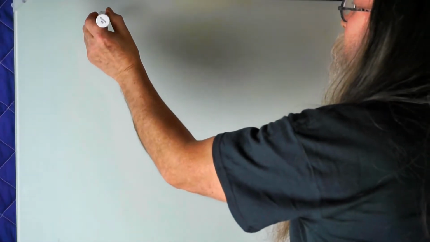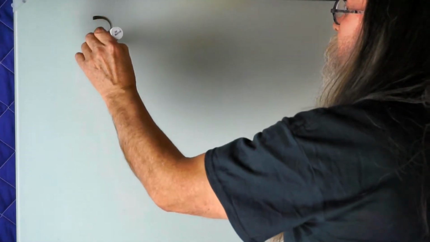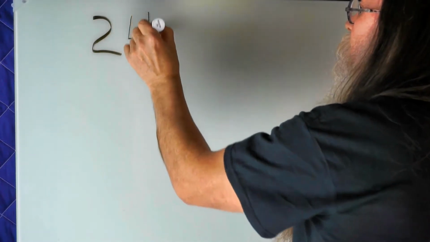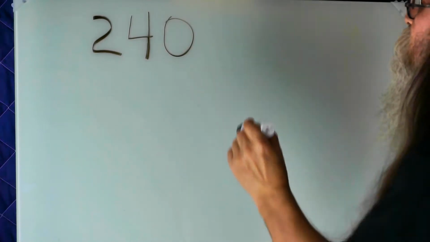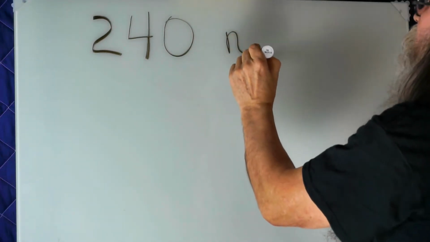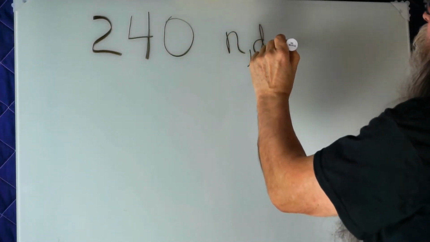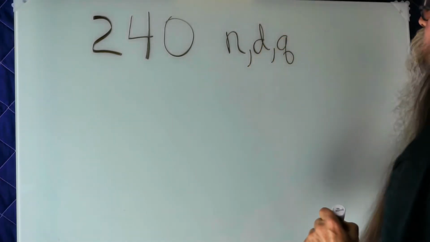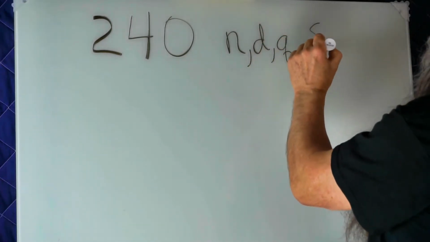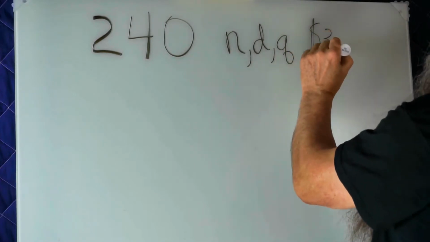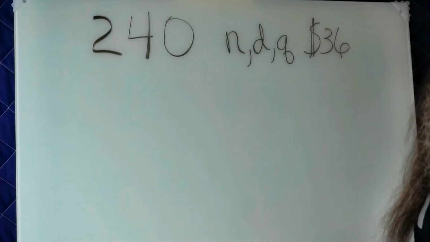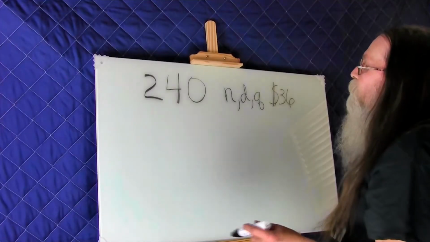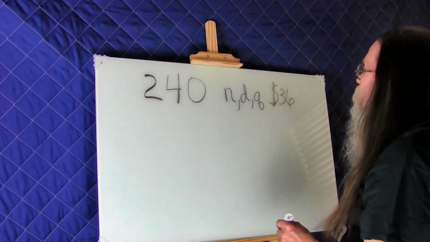So the important bits of information are 240 coins. She collects nickels, dimes, and quarters, and it's worth $36. That's the most important thing. All the other stuff in there doesn't really apply to the question.